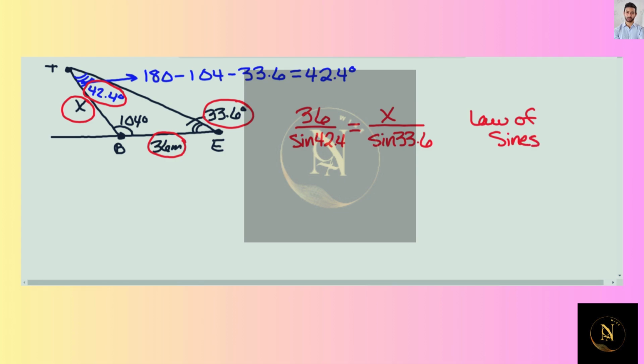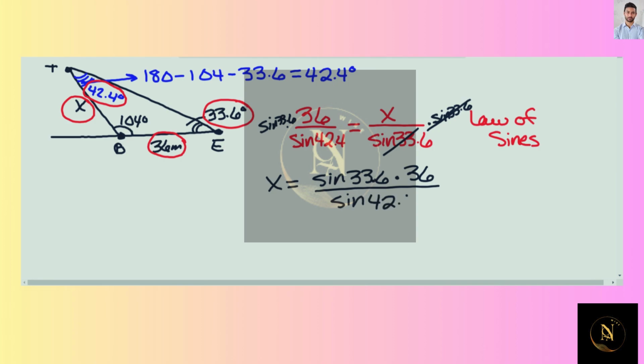And now I'm going to be able to solve this equation for X. So if I want to get X by itself there, I'm going to multiply both sides of the equation by sine of 33.6. And we'll want to make sure that our calculator is set in degrees. And so this is going to give me sine of 33.6 degrees times 36 divided by the sine of 42.4 degrees.